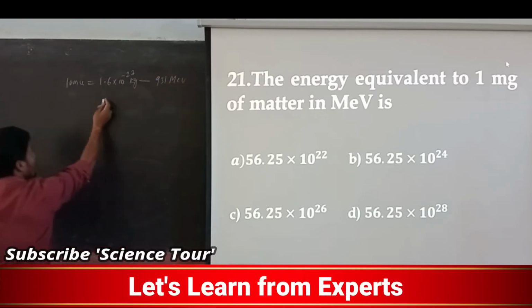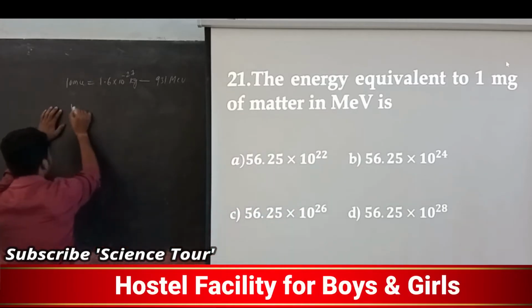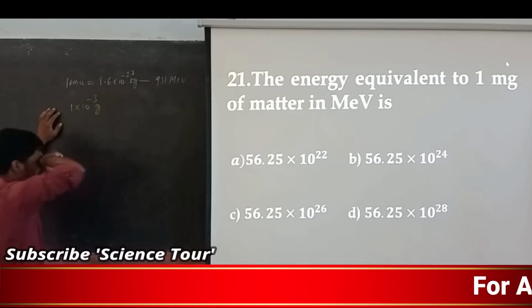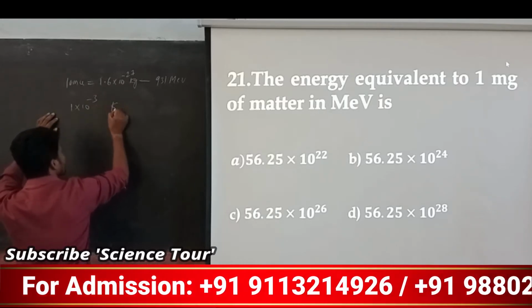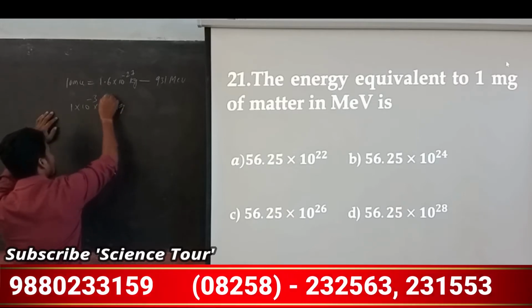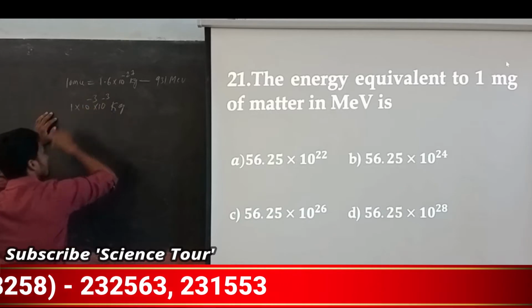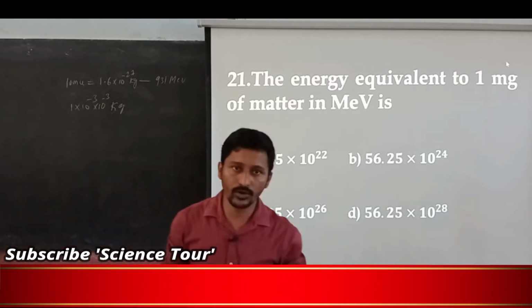Now kg is not given, milligram is given, that is 1 into 10 to the power minus 3 grams, but you have to write it in kgs because the SI unit is kg. If you write kg, k means 10 to the power 3, so into 10 to the power minus 3 you have to put, so it balances. Gram you have to convert into kg, means divided by 1000.